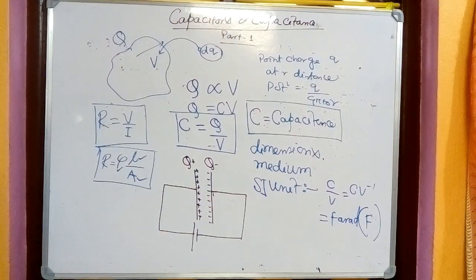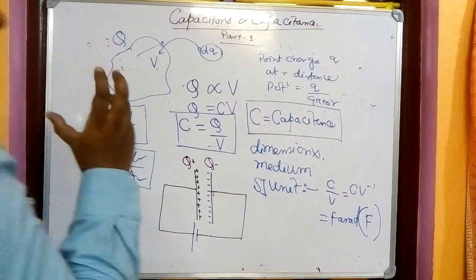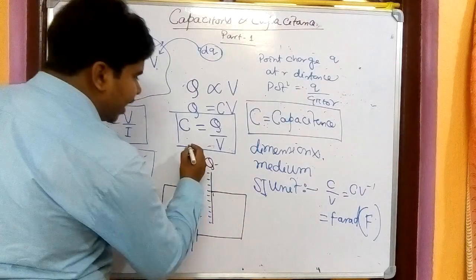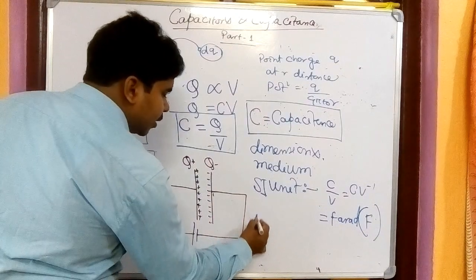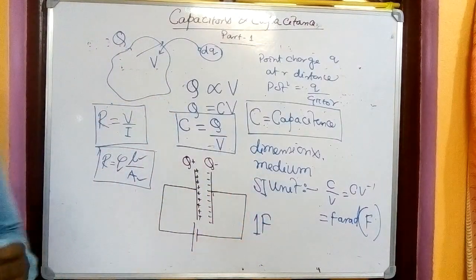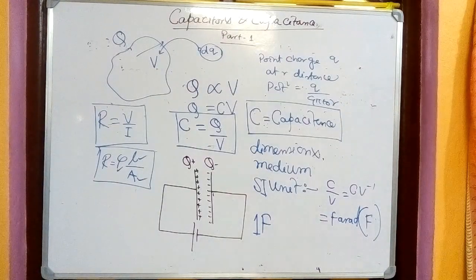Now I'll give you a very interesting idea. If it is told that the capacitance of a conductor is 1 farad, what can we understand by that?